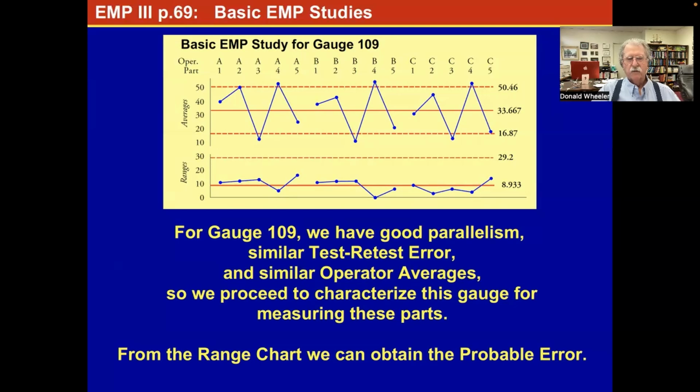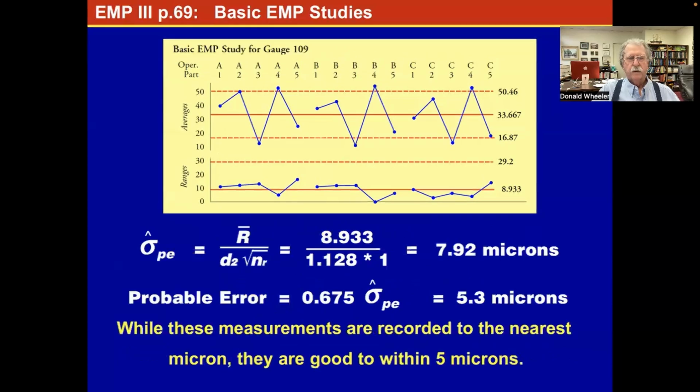From the range chart, we can obtain the probable error. Sigma PE hat equals R bar over d2 times the square root of n sub r. So here our subgroup size is 2. Our R bar is 8.933.